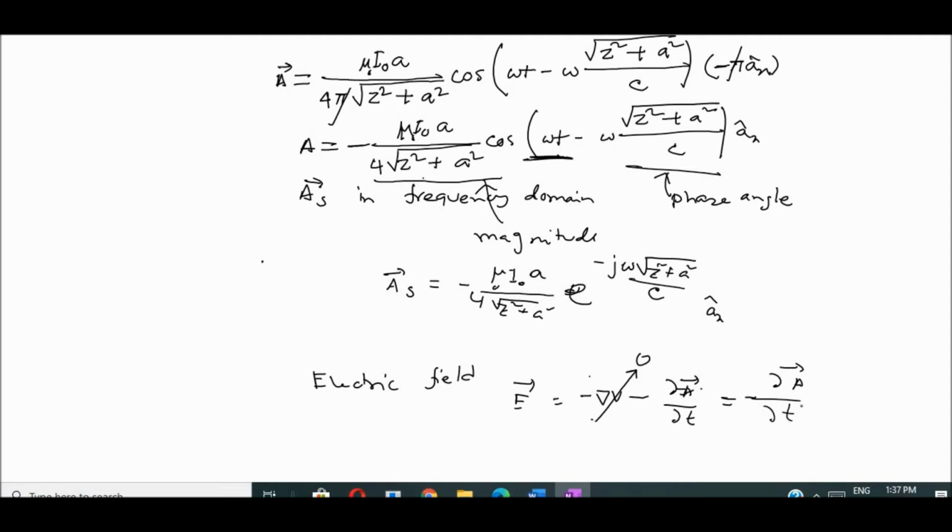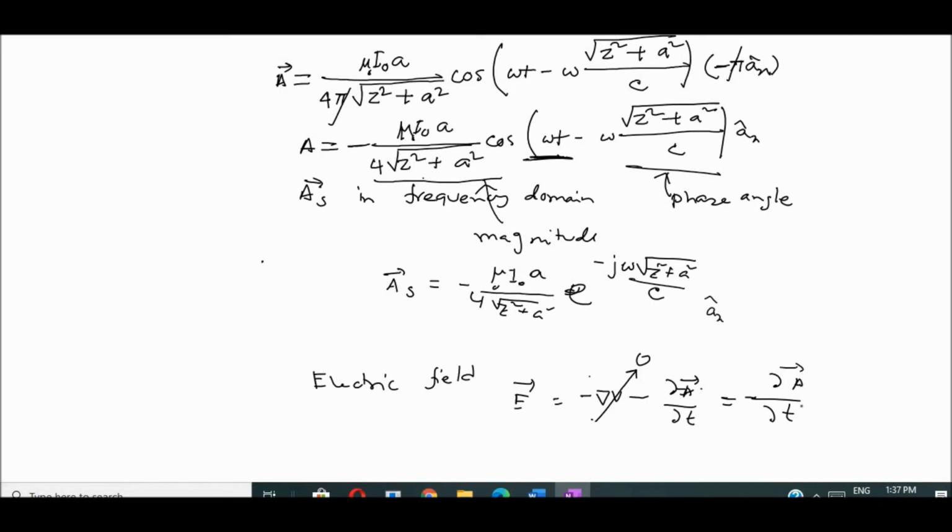So you take the time derivative of this, and you find E. You can see the slides to find the result. And finally you are asked to express Hs, or is it possible to find Hs from the A expression?